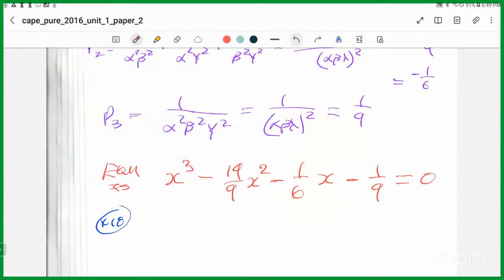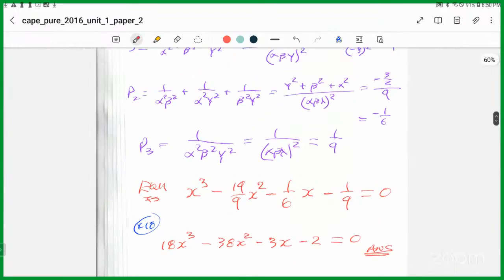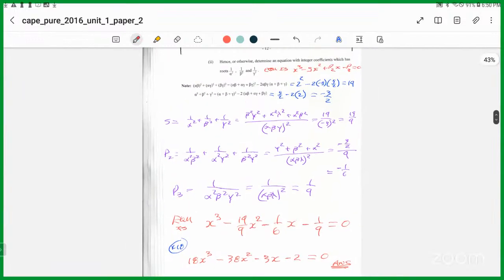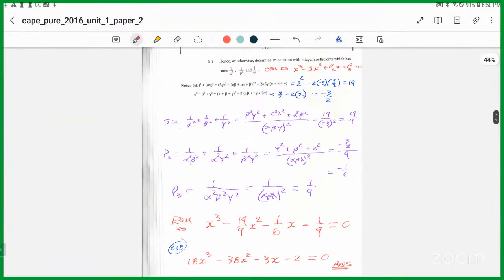This becomes 18x cubed, minus, multiply this by 18, we get 38 x squared. Multiply this by 18, it becomes 3. Multiply this by 18, it becomes 2, equals 0. And this is the answer right here. That is it. Nice question, nice good question right there.